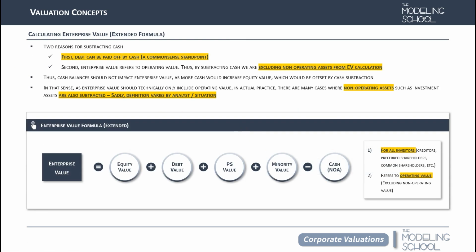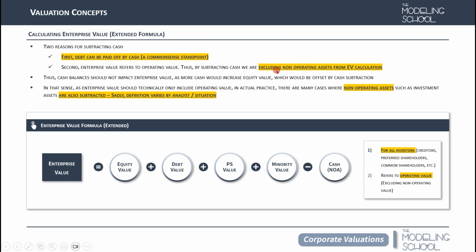The reason for subtracting cash in the formula can be explained from two perspectives. The first: cash can be used to pay down debt. By reducing the cash balance, we can actually lower the debt value, so they offset each other. But more importantly, as we've mentioned earlier, enterprise value focuses solely on the operating value.